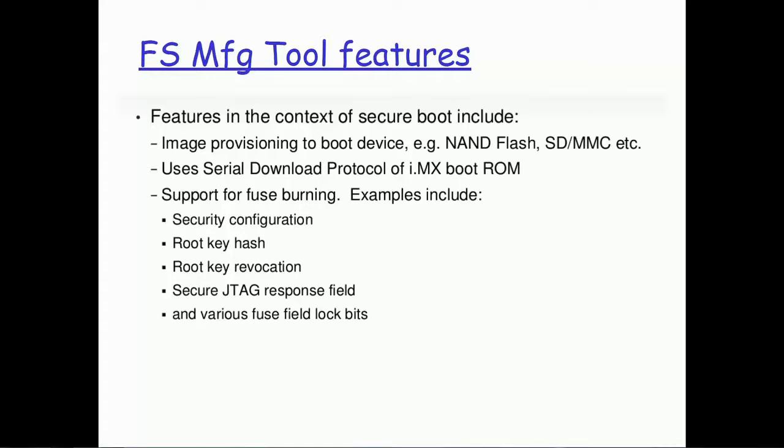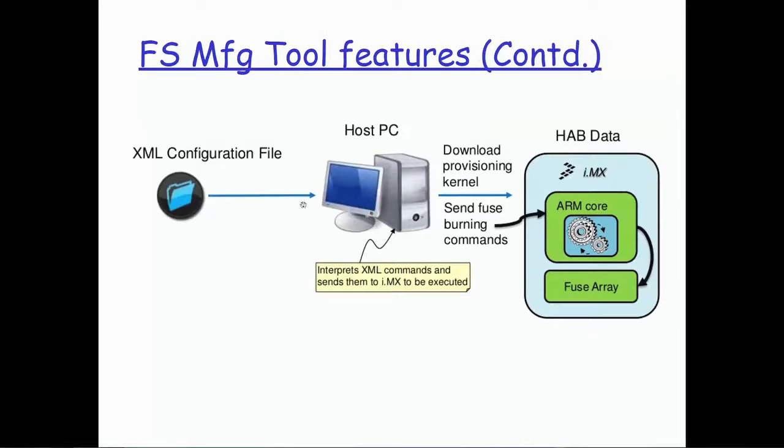It updates the image into the corresponding storage media on the device, and then fuses the values that have to go into the OTP register of my processor, right. The XML configuration file is used as an input by my manufacturing tool, and using the serial interface into my IMX6 device, the whole thing is dumped onto my device, right.